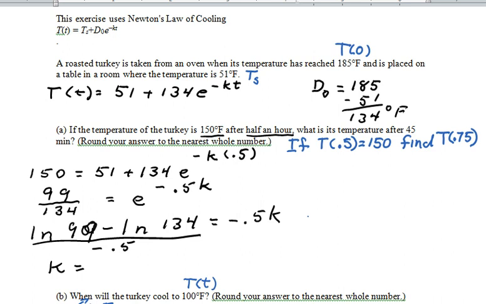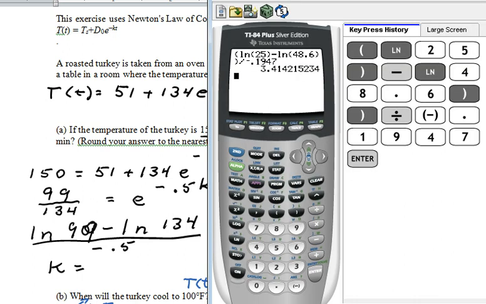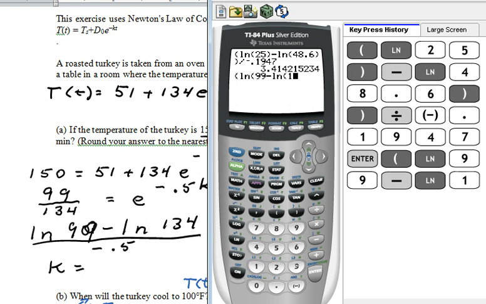And so going back to the calculator, we'll have left parenthesis, natural log 99 minus natural log 134. And I have forgotten to close the parenthesis on the 99, so I'm going to back up and do that.